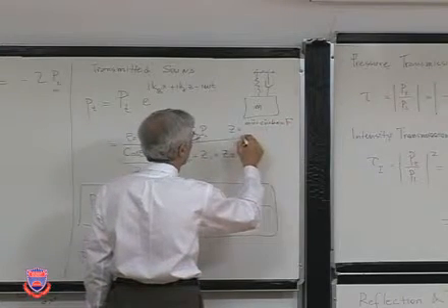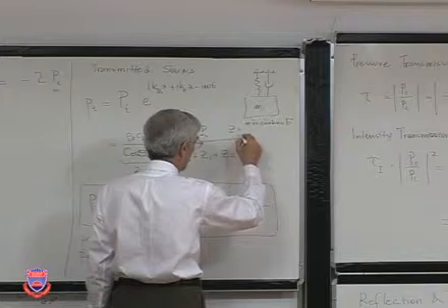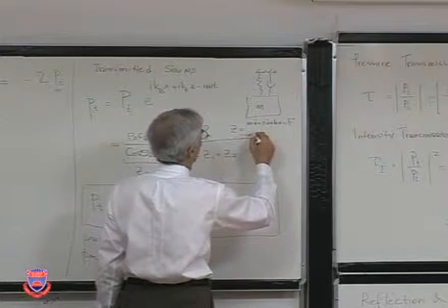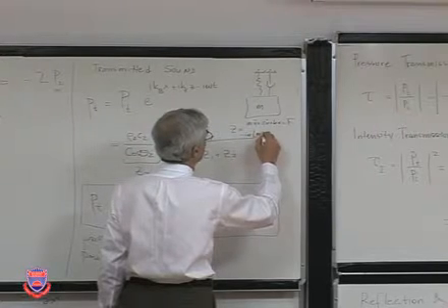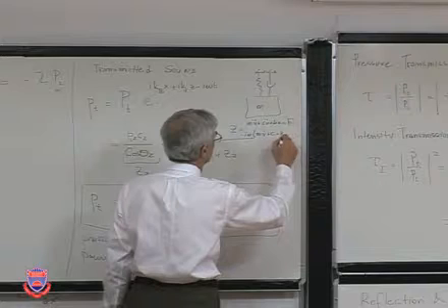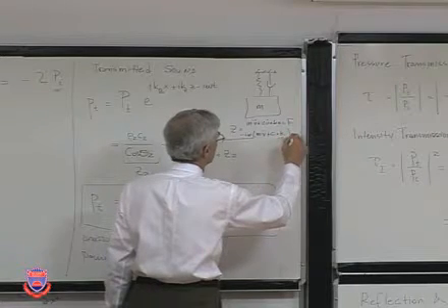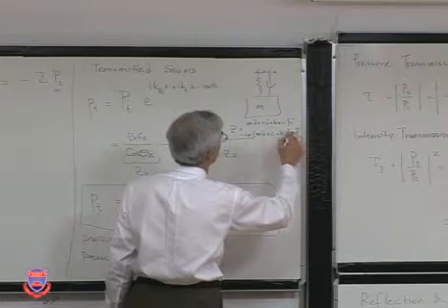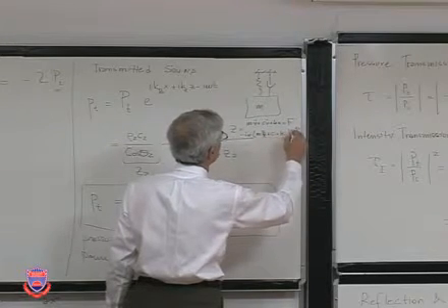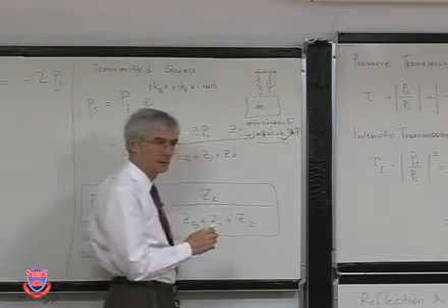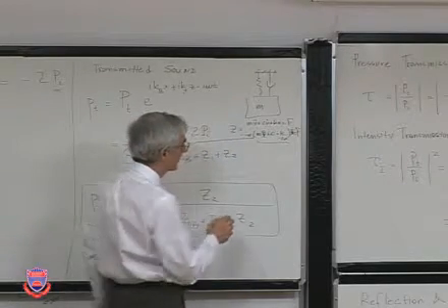And if you write these all in terms of, how do you do this? So you have an impedance of this shape, okay?